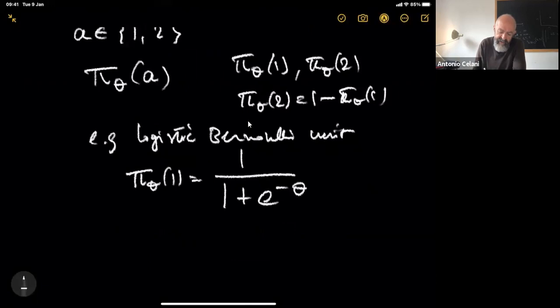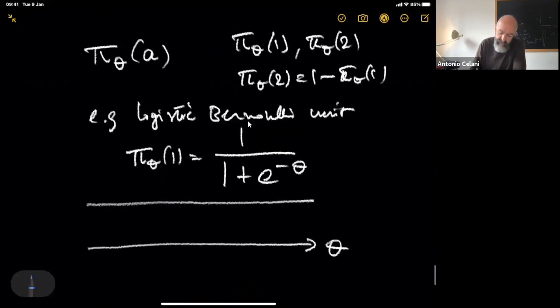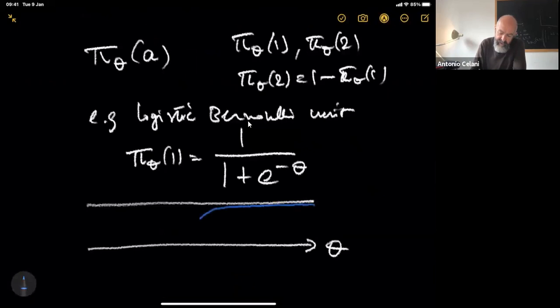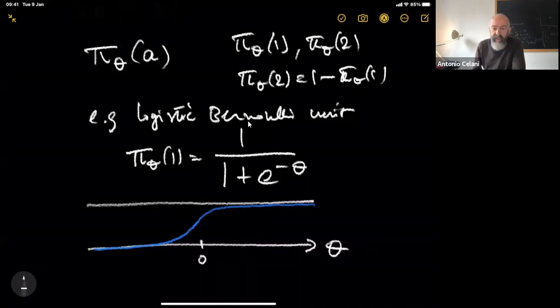So you have a parameter theta which runs over the real axis, and you have an expression which looks more or less like this. It's a sigmoidal form for your policy. So large theta would correspond to policies which choose action 1 with probability close to 1, and negative parameters correspond to a preference towards action 2.